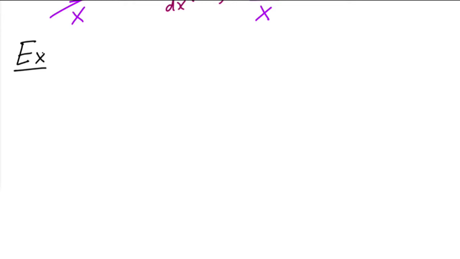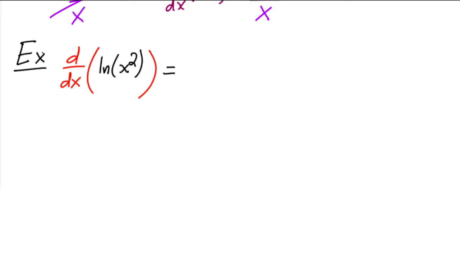Let's start off with, let's say we want to find the derivative of natural log of, how about, x squared. If I want to get the derivative of natural log of x squared, I'm going to have to use the chain rule.